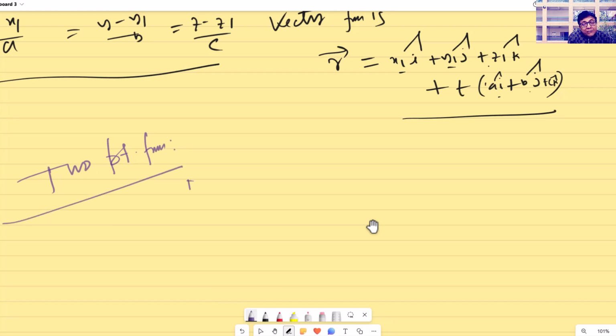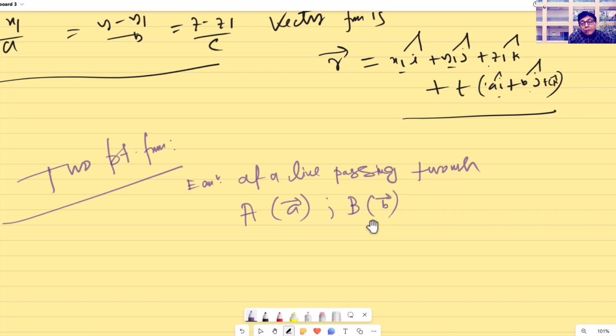That is, the equation of a line passing through two given points. Say I am taking vector form first.